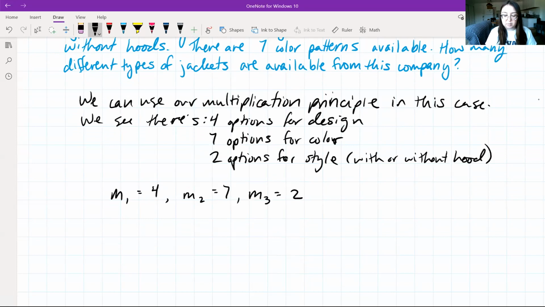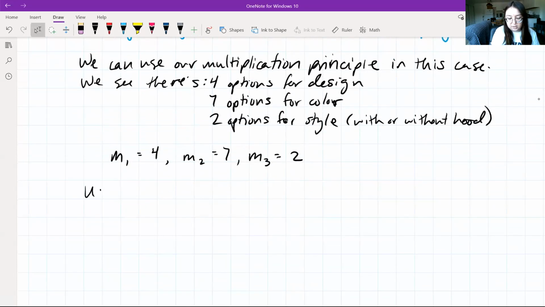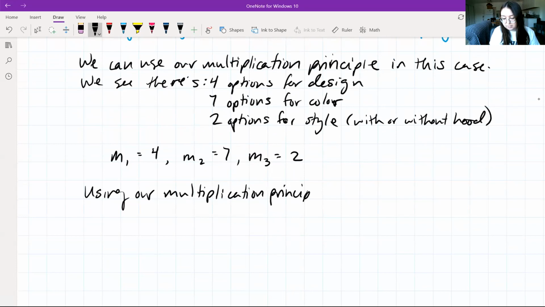So then using our multiplication principle, we get, and remember this is just M sub 1 times M sub 2 times M sub 3.